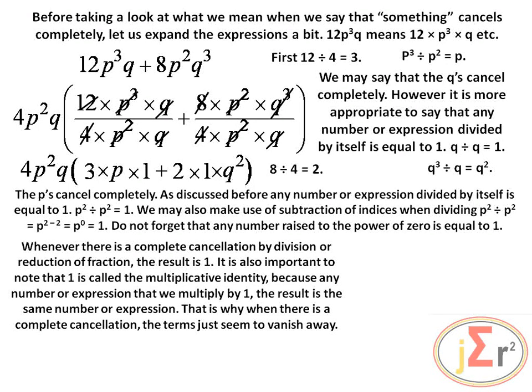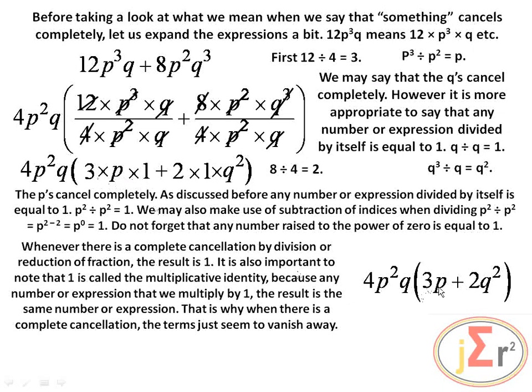That is why when there is a complete cancellation, the term just seems to vanish away like that. So we know that these cancel, the result is 1. But anything multiplied by 1 is that same thing.